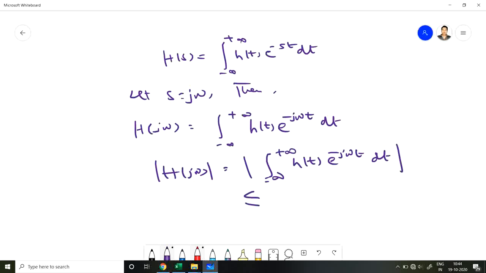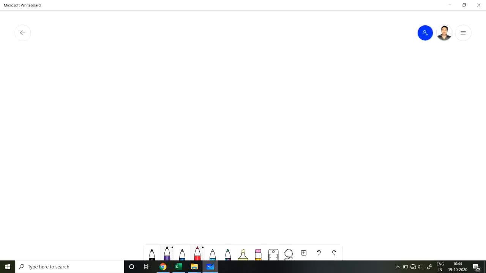Then modulus of H(j omega) is less than or equal to the integral of modulus of h(t) e raised to the power minus j omega t dt, which equals the integral of modulus of h(t) dt, and it is less than infinity.